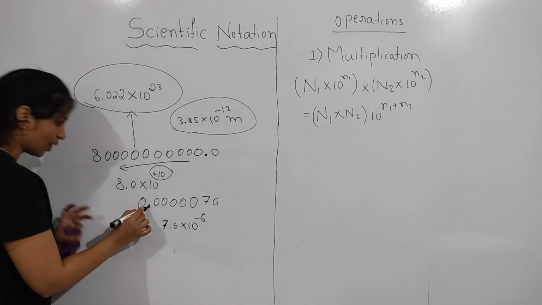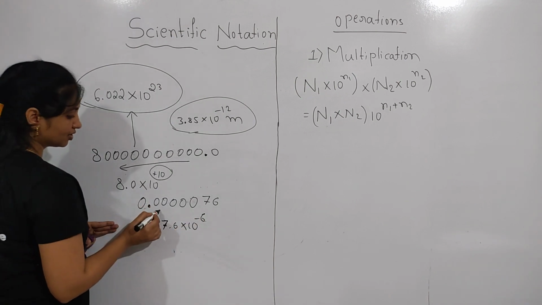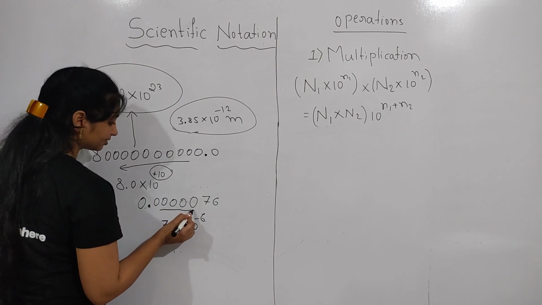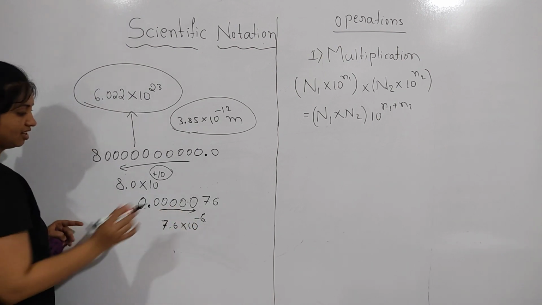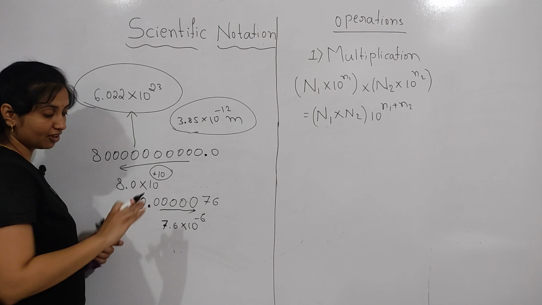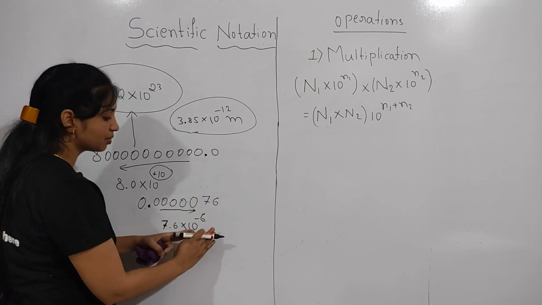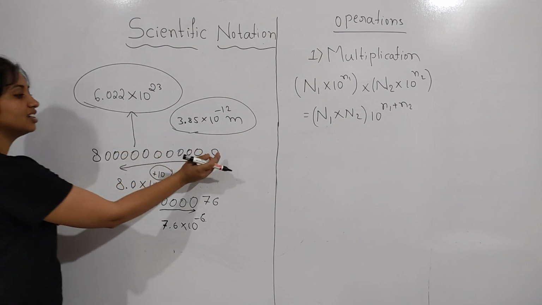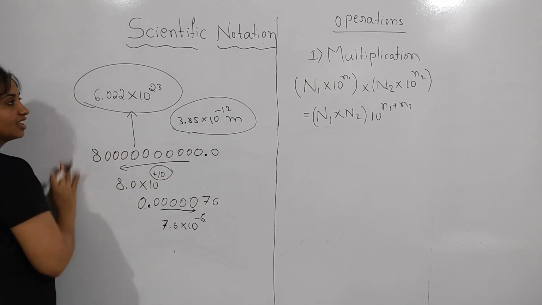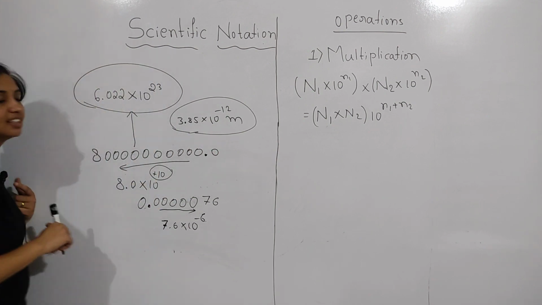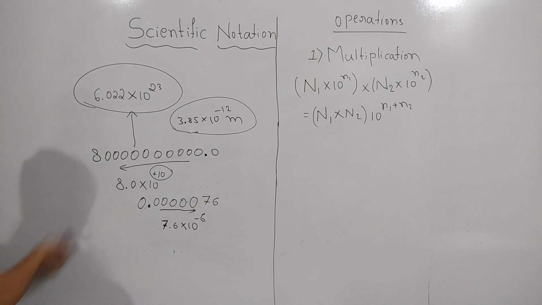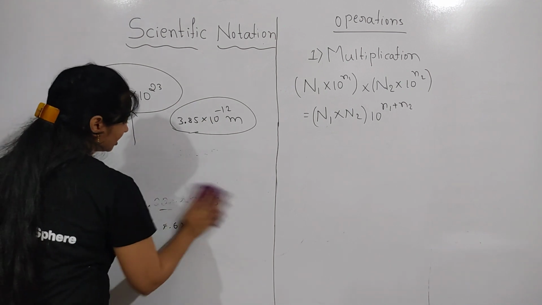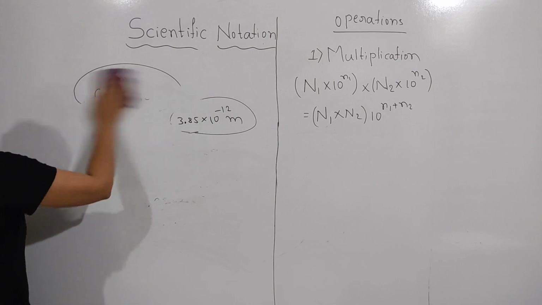The decimal point is shifted towards the right side. So when you shift to your right side, then the exponent value will be negative. When you shift the decimal point to your left side, then the exponent value is positive. I hope this concept is clear.